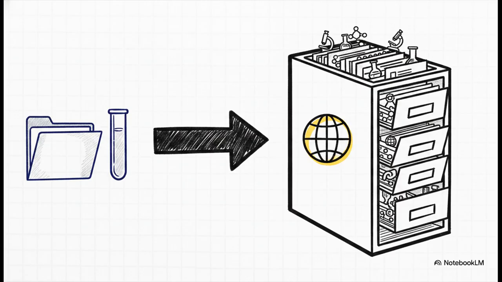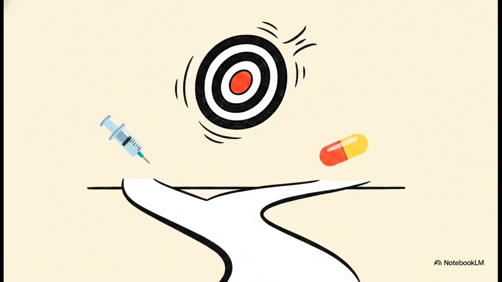CTD Module 3 is the internationally recognized structure for organizing this massive mountain of quality information into a final marketing application. Now here is one crucial detail to note specifically for RNA platforms. mRNA vaccine guidance and the broader mRNA or RNA medicine guidance are definitely related, but they are distinct regulatory pathways.